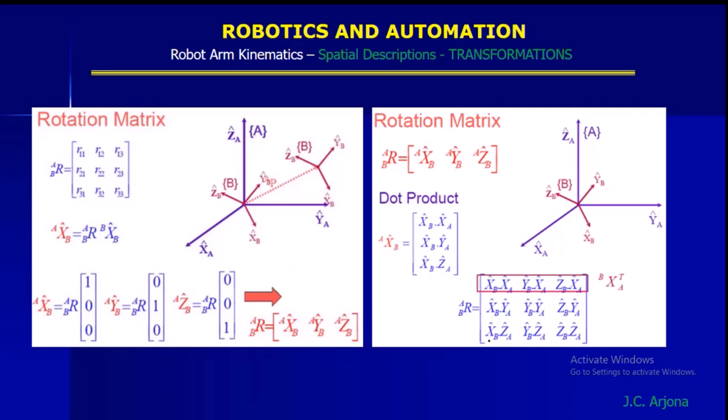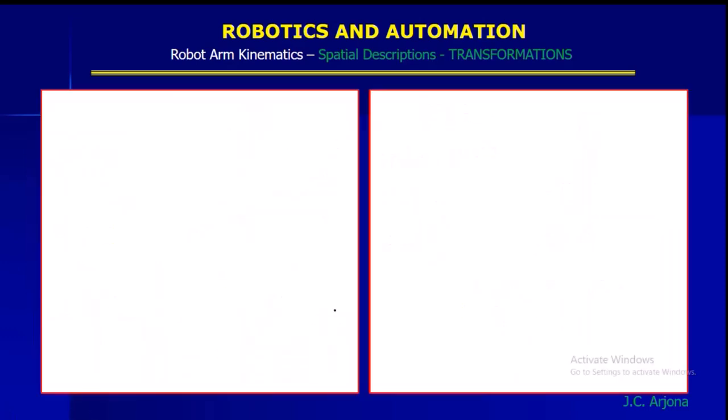This is the first column, which is the XB to A. And the last column is the ZB to A. And looking at the matrix in terms of rows, that will be the transpose, which is XA with respect to B, transpose.